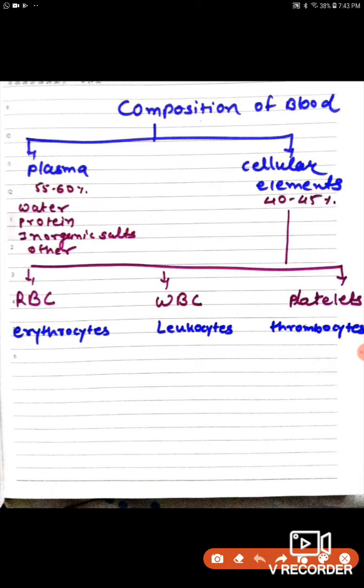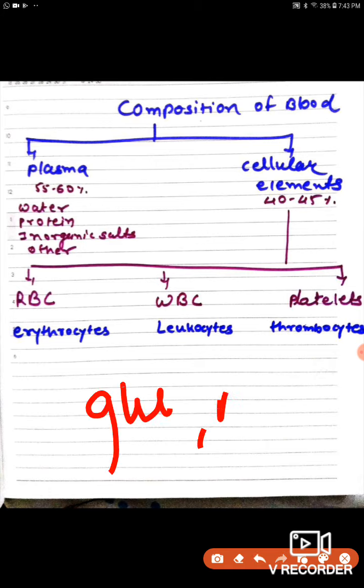Inorganic salts: this may be asked in the exam, which inorganic salts are present in the plasma? Sodium chloride and sodium bicarbonate, only 1%. And the last one, other substances. Which other substances are present in the plasma?